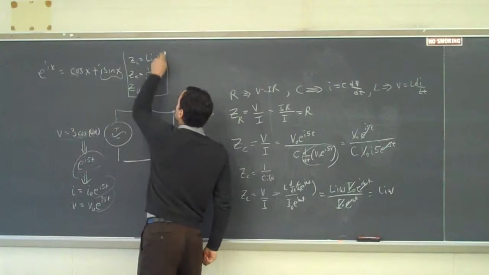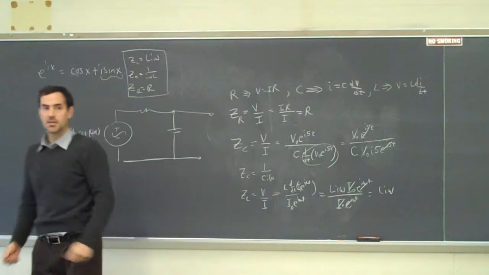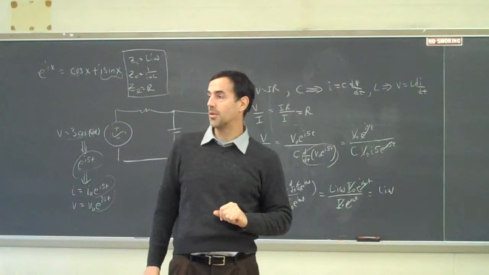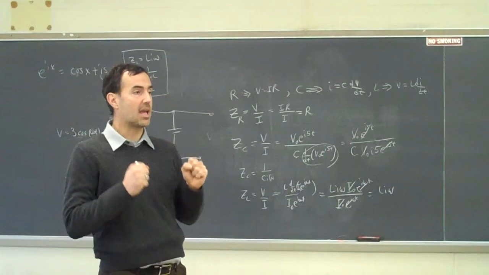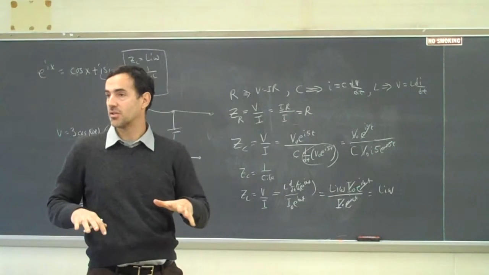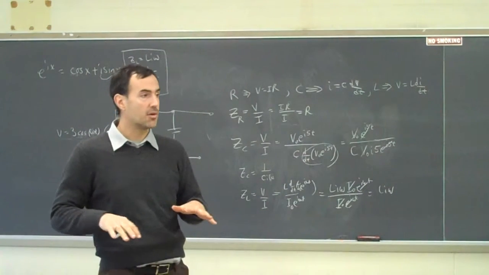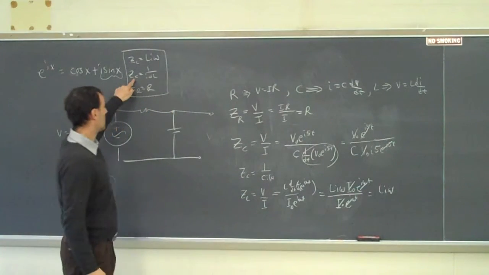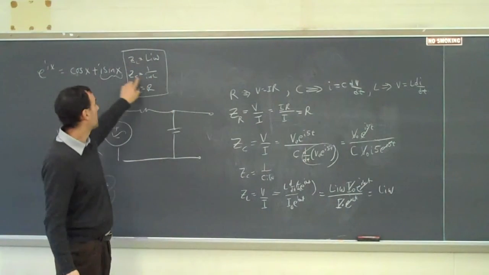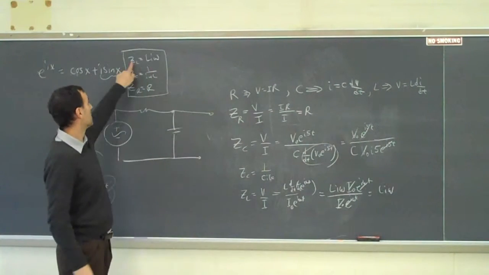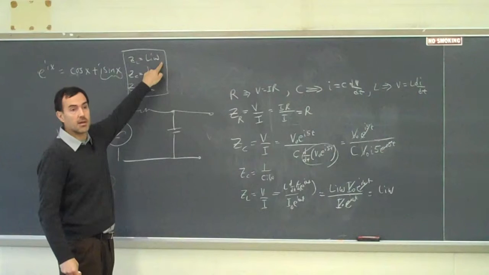What we're going to do is treat a capacitor, an inductor, and a resistor all as if they were resistors. However, the resistance of the capacitor will not be the capacitance. It will be 1 over i omega C. The resistance of the inductor will be L i omega.